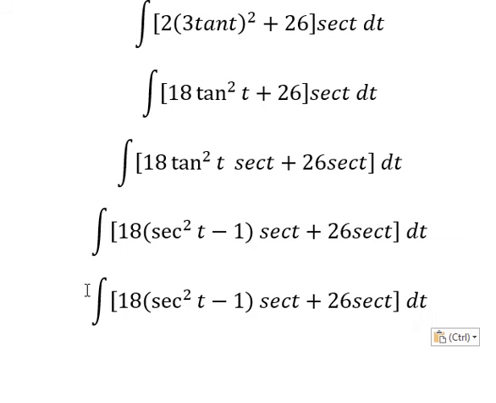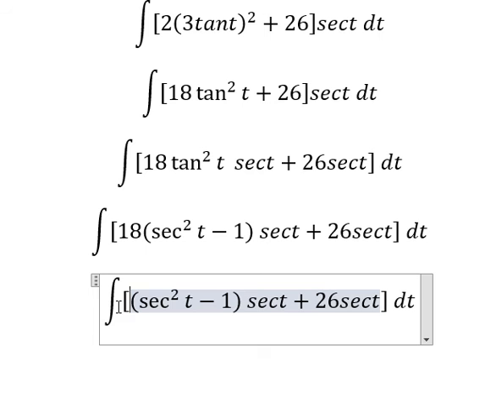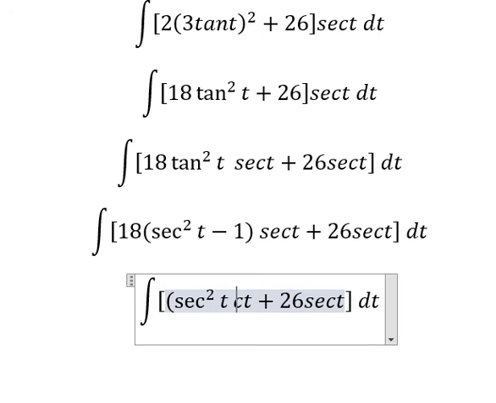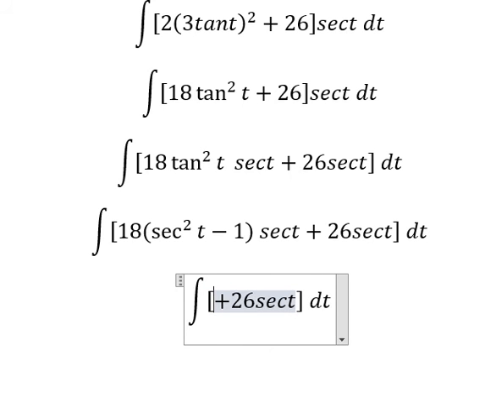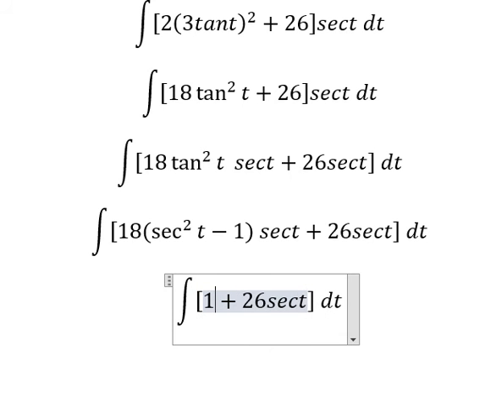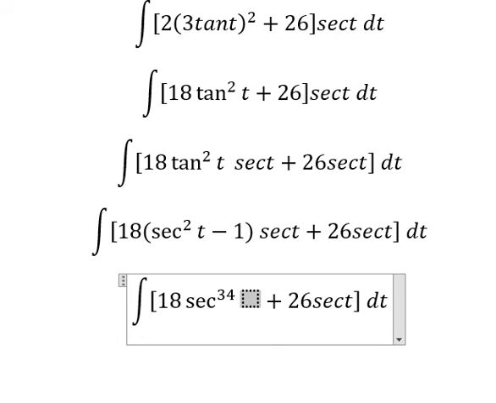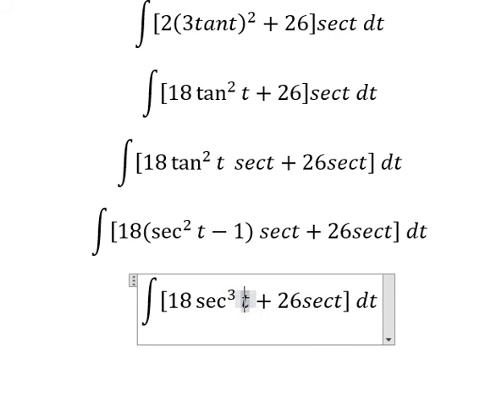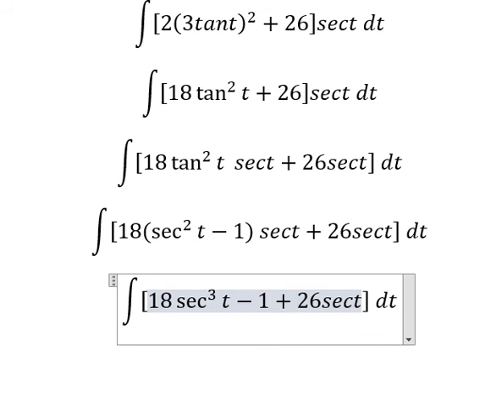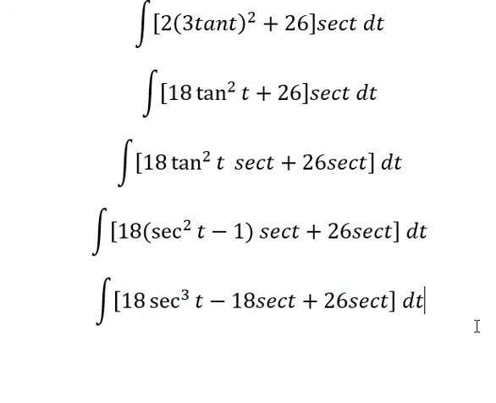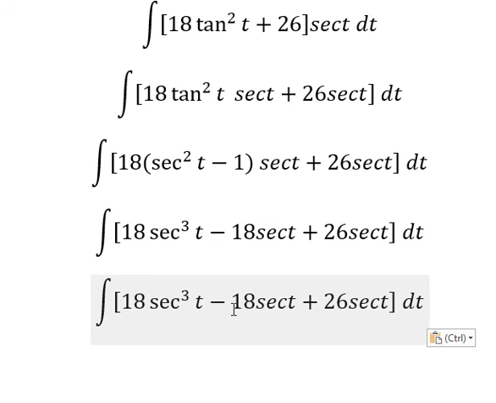So we have 18 secant t multiplied by secant squared t and number 1. Now we have 26 minus 18. You get 8.